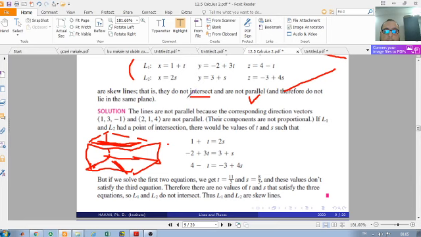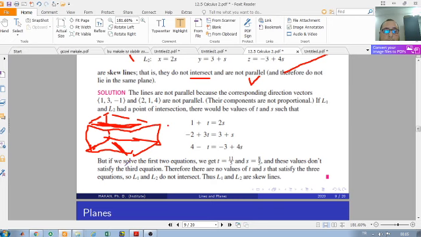The second condition is that L1 and L2 have no point of intersection. If we had any intersection point for the given lines, we would have a common solution for the parametric equations, namely the x's equal to the same number, the y's equal to the same number, and the z's equal to the same number, which means 1 plus t is equal to 2s, minus 2 plus 3 times t is equal to 3 plus s, and so on.